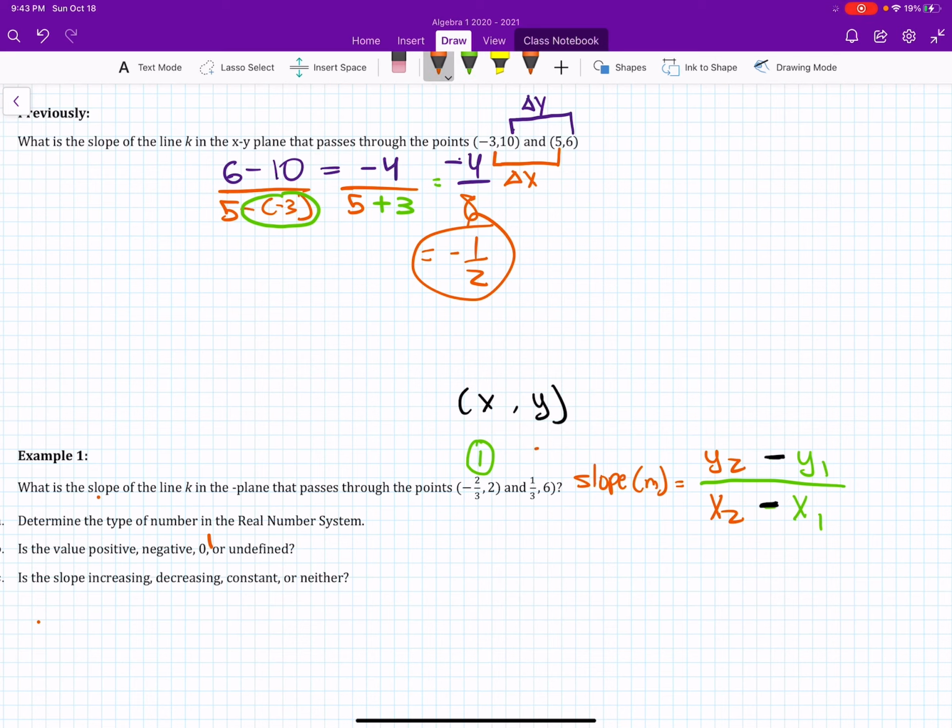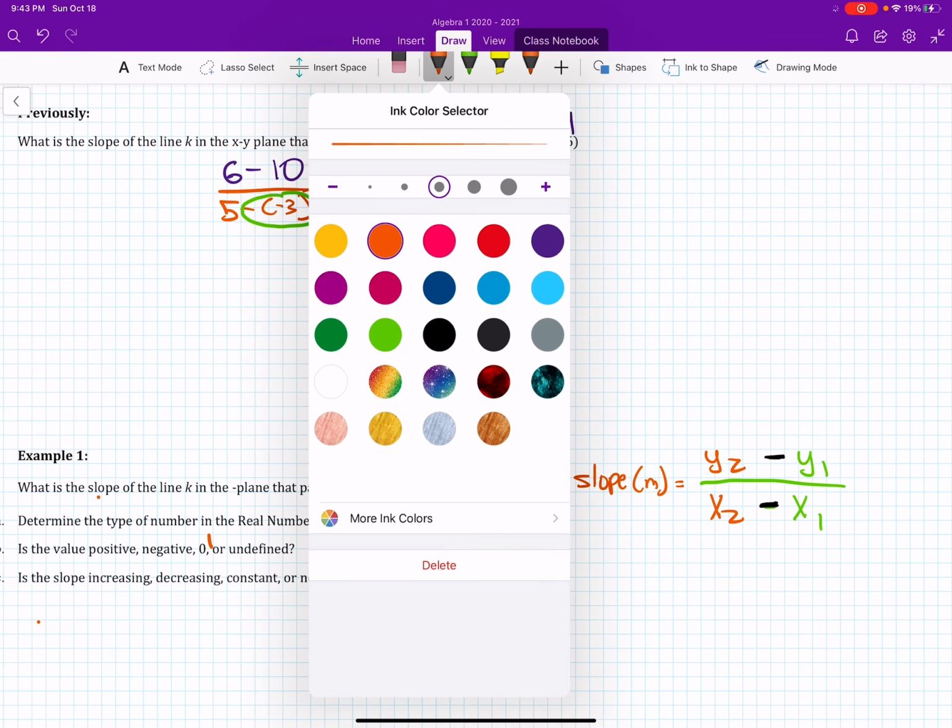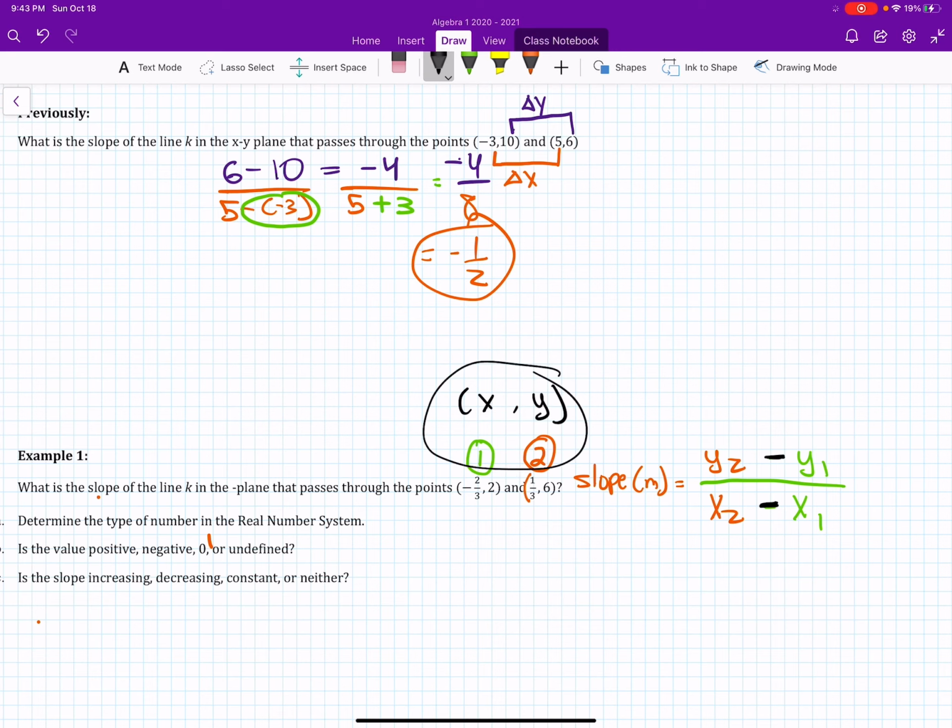Our second point is 1/3, comma 6. So putting both of these together, we can determine that -2/3 is our x1 and 2 is our y1.